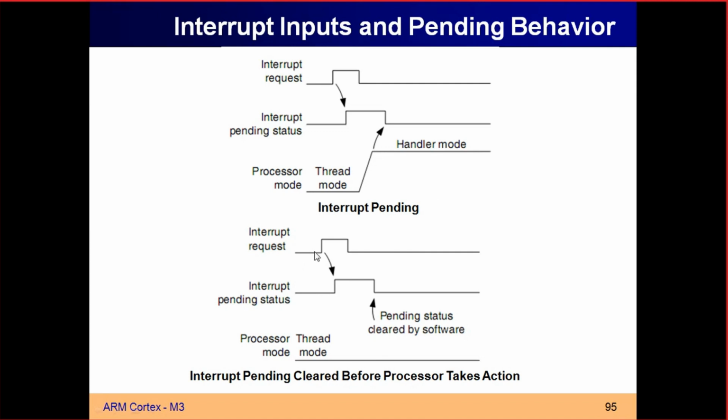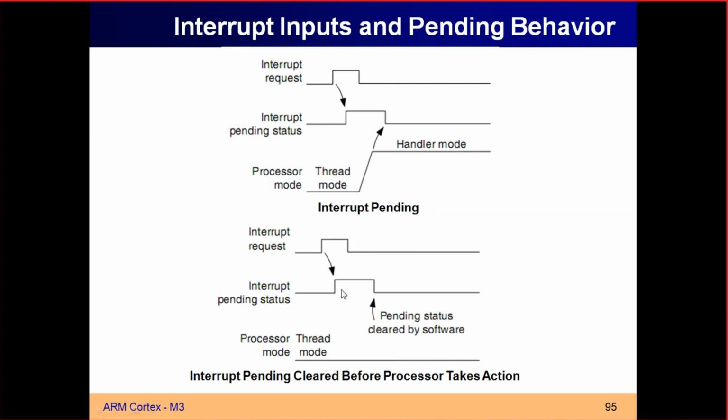But in this case, the interrupt request has come here, and the interrupt pending status bit is 1. After some time, it is made 0. But the processor has not started its ISR execution.